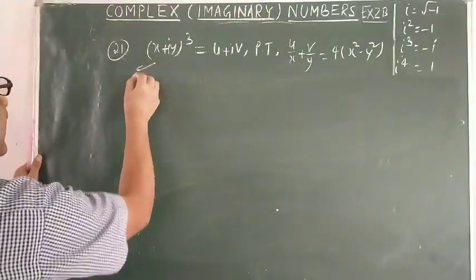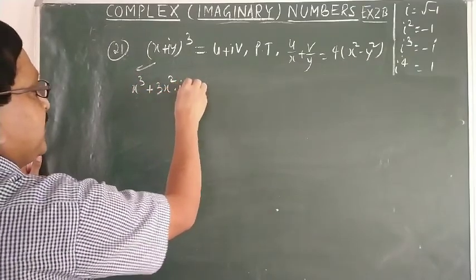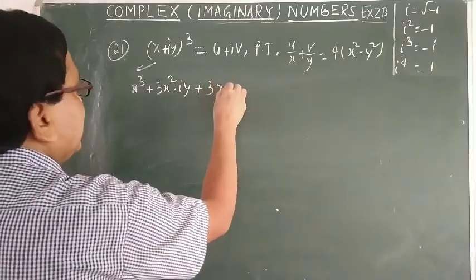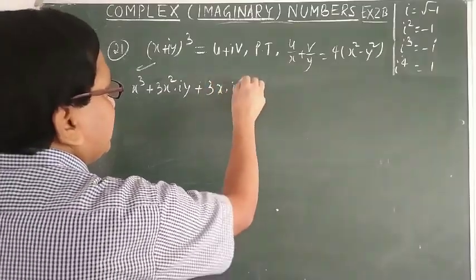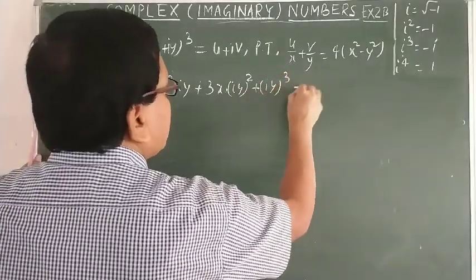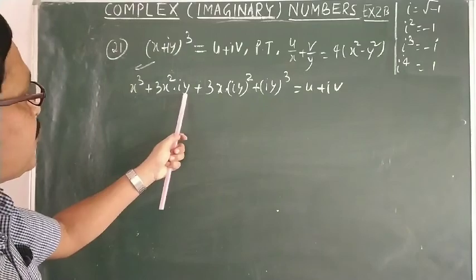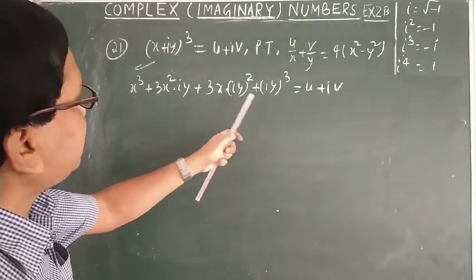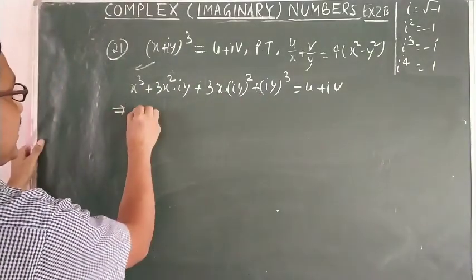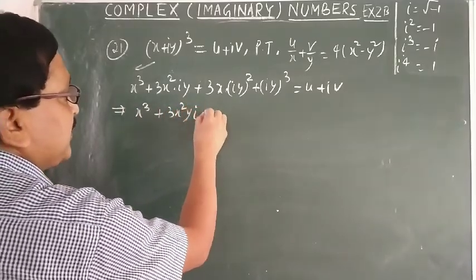So just expand it. a cube plus 3a square b plus 3ab square plus b cube is equal to u plus iv. Expanded, this becomes x cube plus 3x square yi.